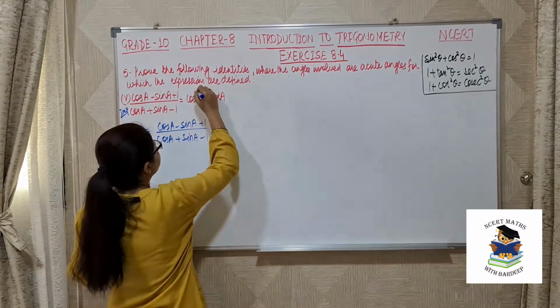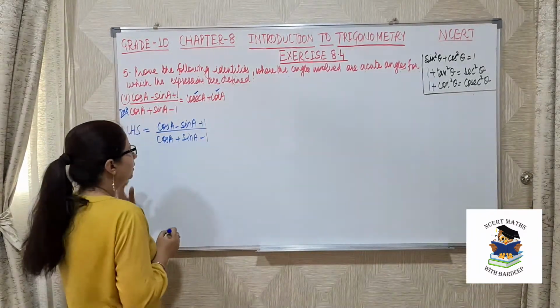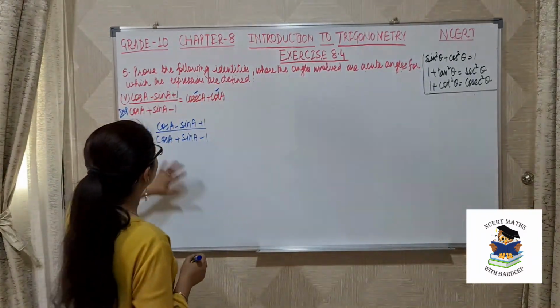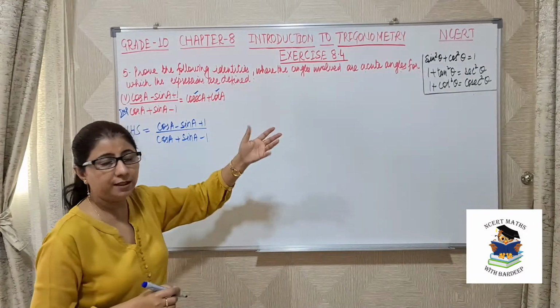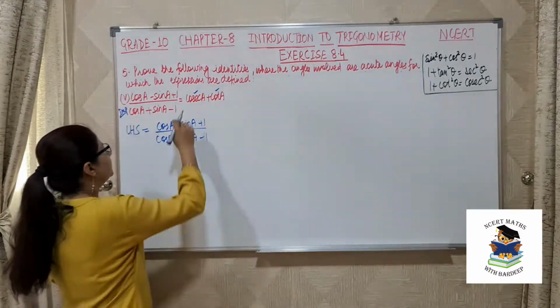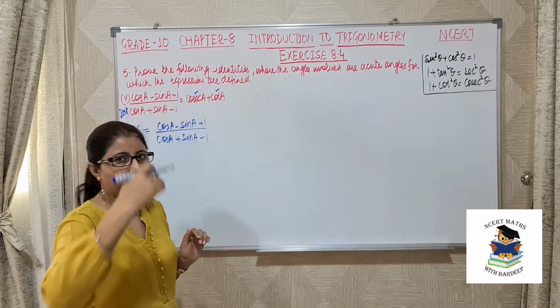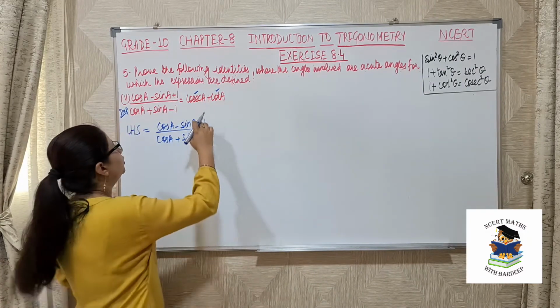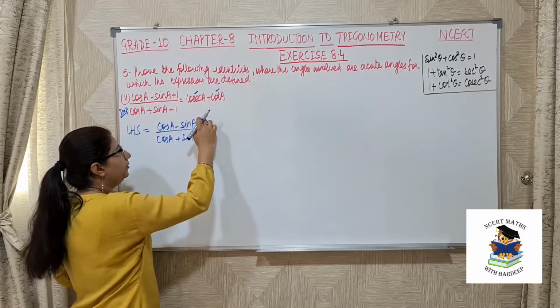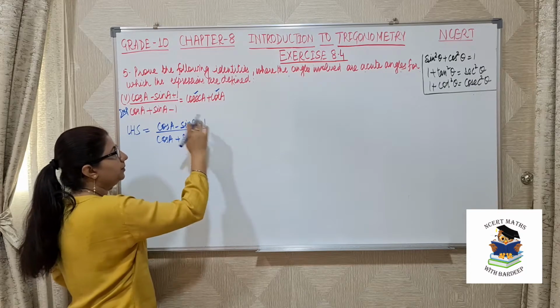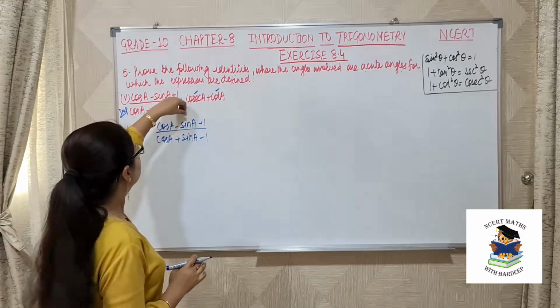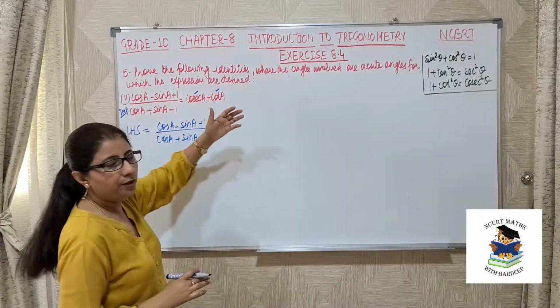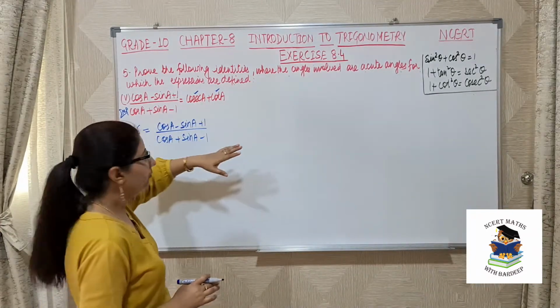Since we need cosecant and cot A, we will see how we can convert this into cosecant A or cot A. See, cosecant A is 1 by sin A, right? So if I divide this with sin A, this can become cosecant A. I cannot divide only one term, I have to divide the full numerator.